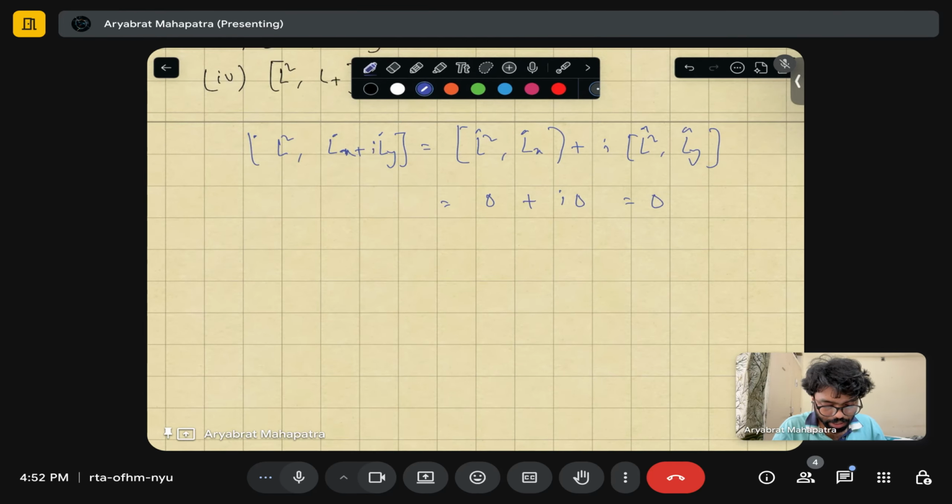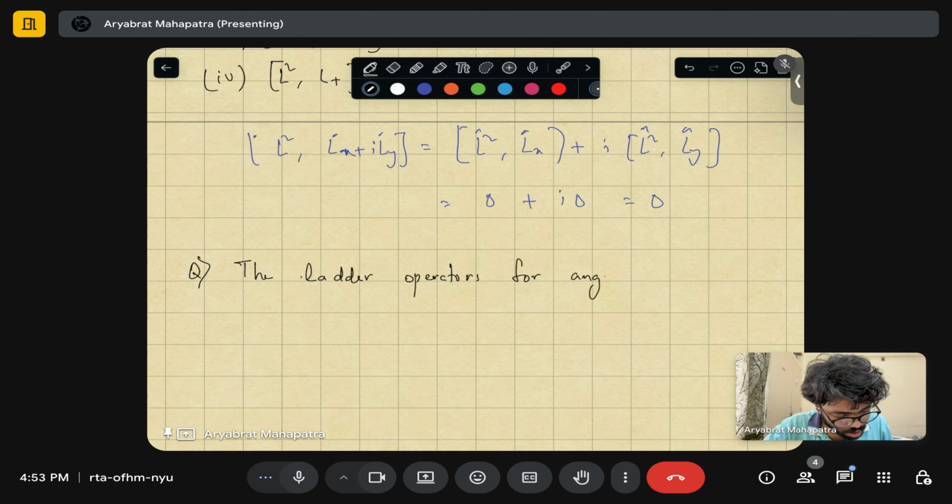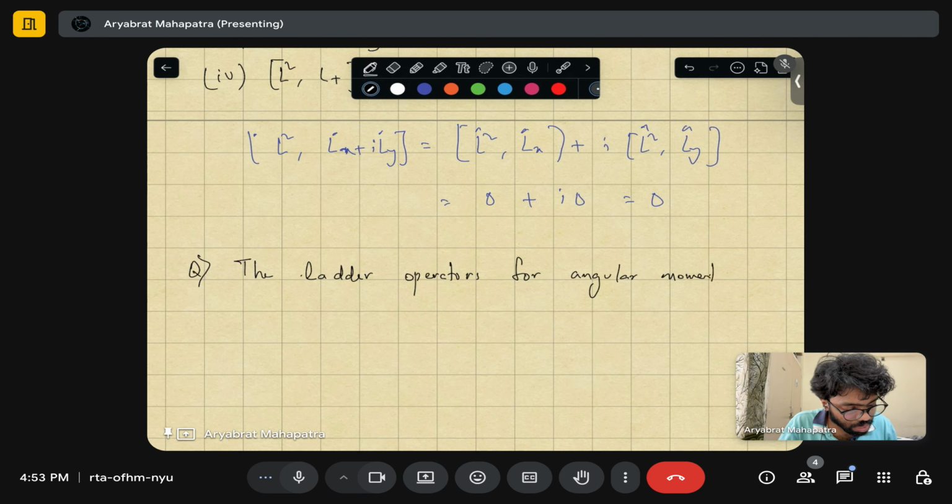So those were some commutation properties to prove. But then we can look for some other questions, maybe related with spin, or let's say something on the ladder operators for angular momentum, given as L plus or minus.